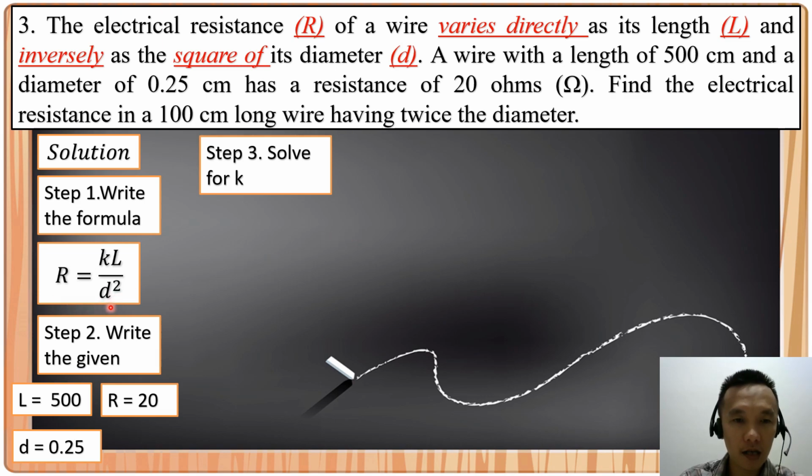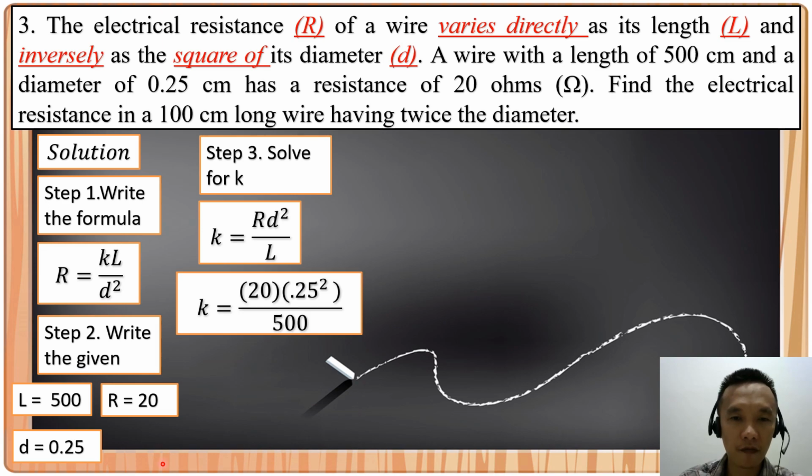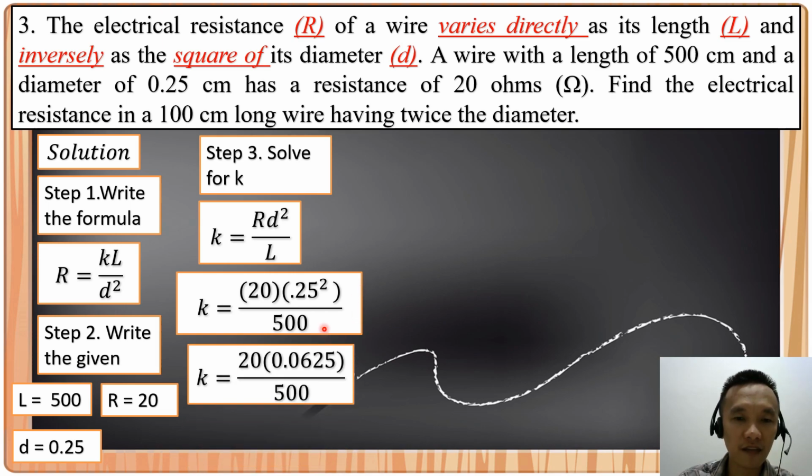So R will be multiplied to D squared and divided by L. So this is now our formula. Substitute all the letters with its corresponding numbers. So it will look like this: 20 multiplied to 0.25 squared, divided by 500.